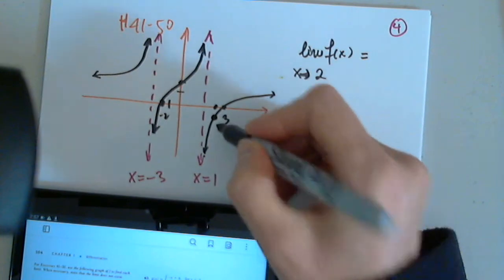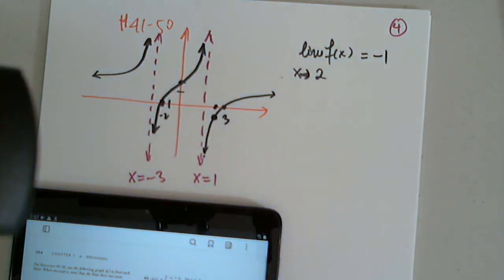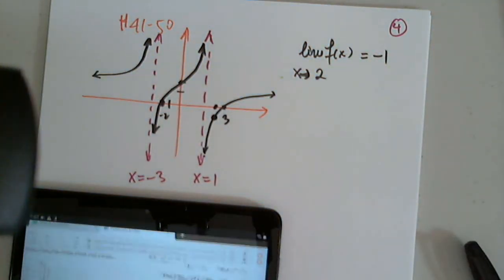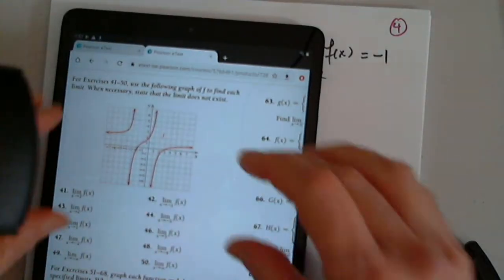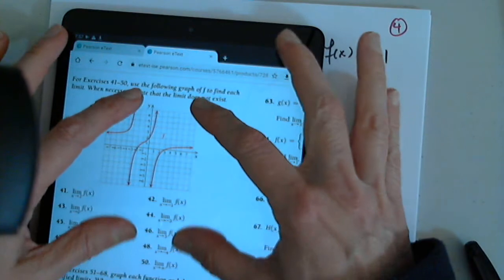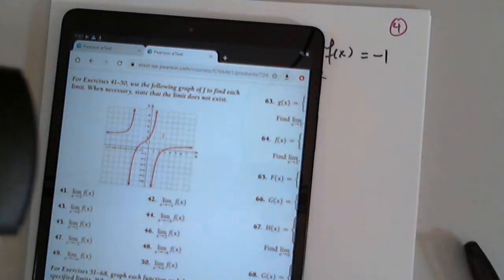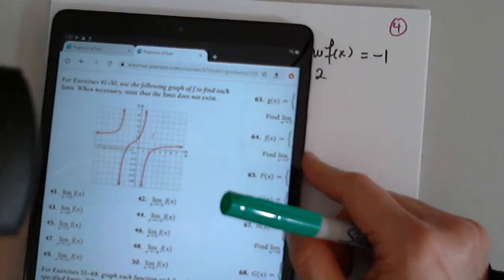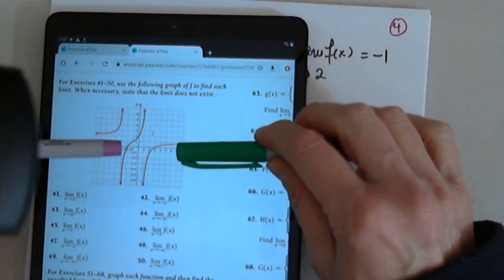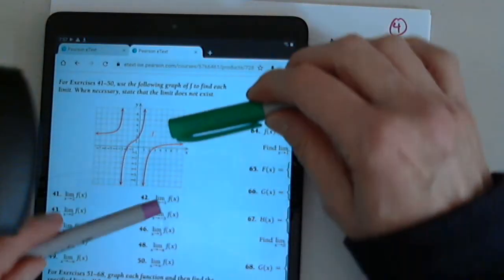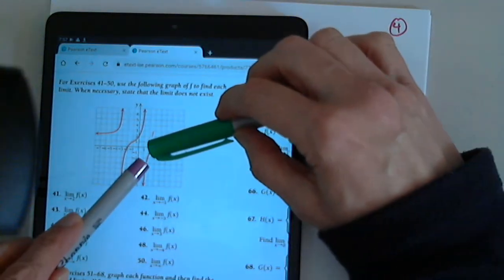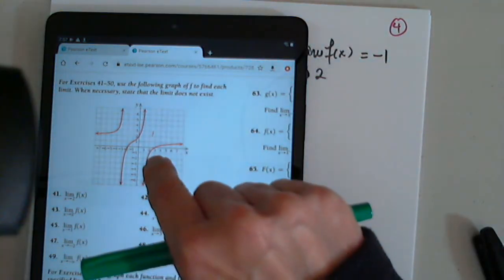It appears to be this point, -1. So if I zoom in, as we see here, as x approaches 2 from either side, the function values get closer and closer to -1. Right here, this point.